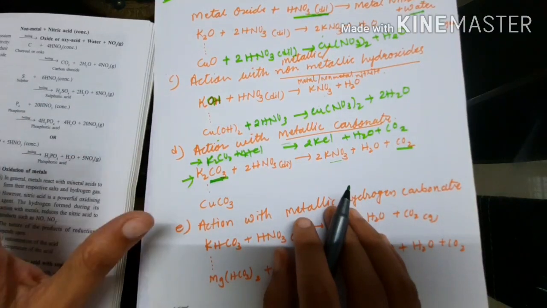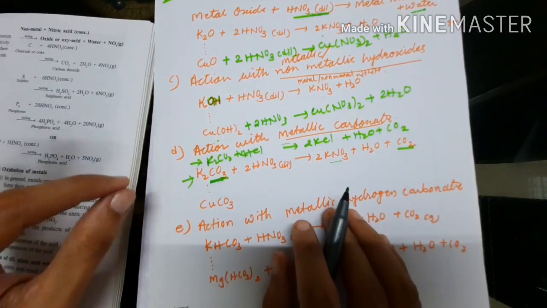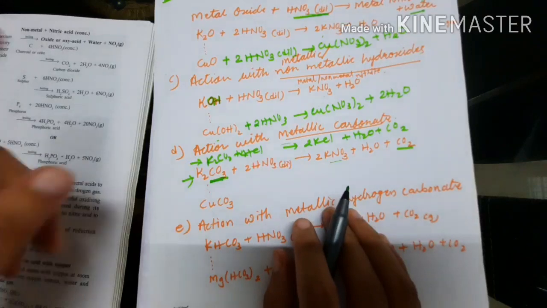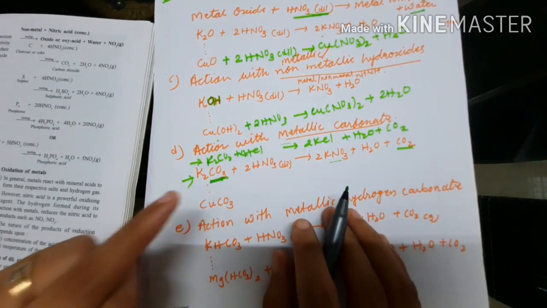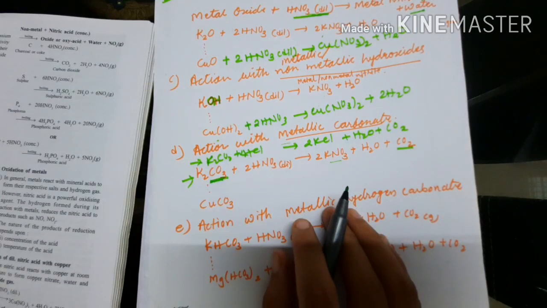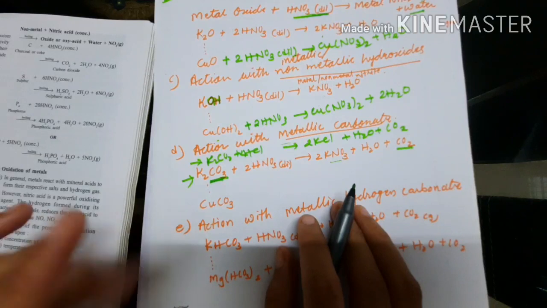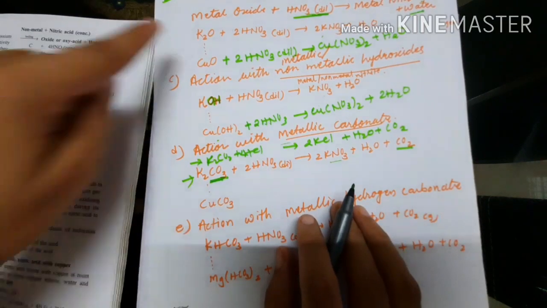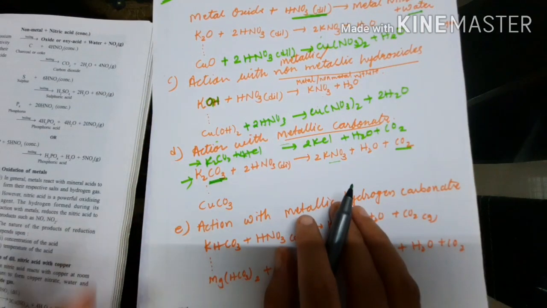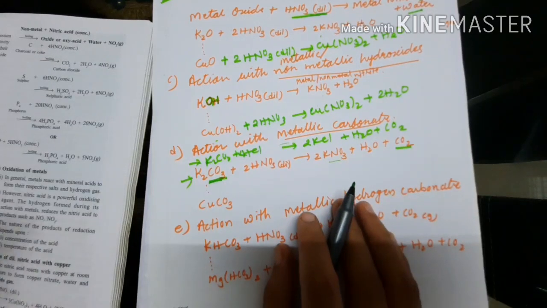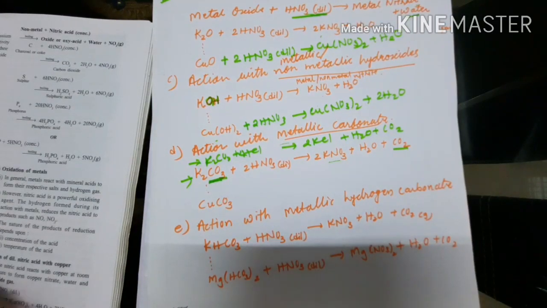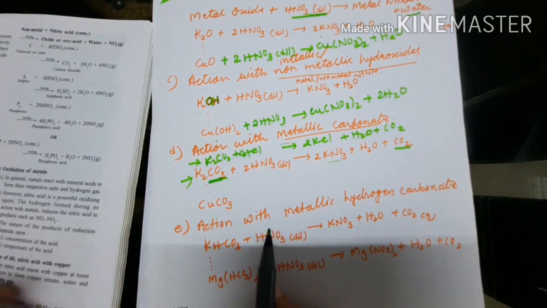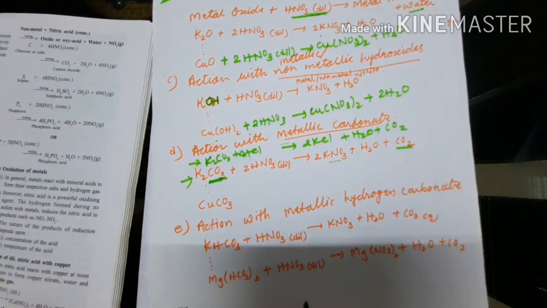Then only you will be able to solve them in the exam. Otherwise, if you only read, in the exam you cannot find what answer will come, because you haven't practiced. All these chemical reactions can be learned only through practice. So solve all the questions by yourself, by writing. Don't read, write only.